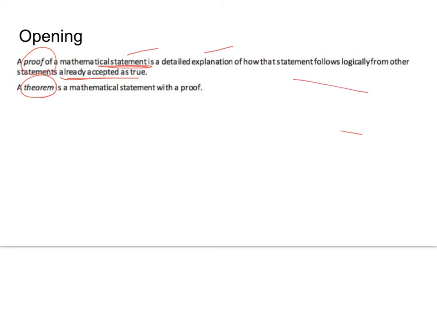Like, if you have 2 parallel lines and a transversal, we have accepted as truth that alternate interior angles are equal in measure. Okay, we've accepted as truth that the interior angles of 2 parallel lines with a transversal, if you add them together, you get 180, so they're supplementary. Those are already accepted as true. A theorem is a mathematical statement with a proof.